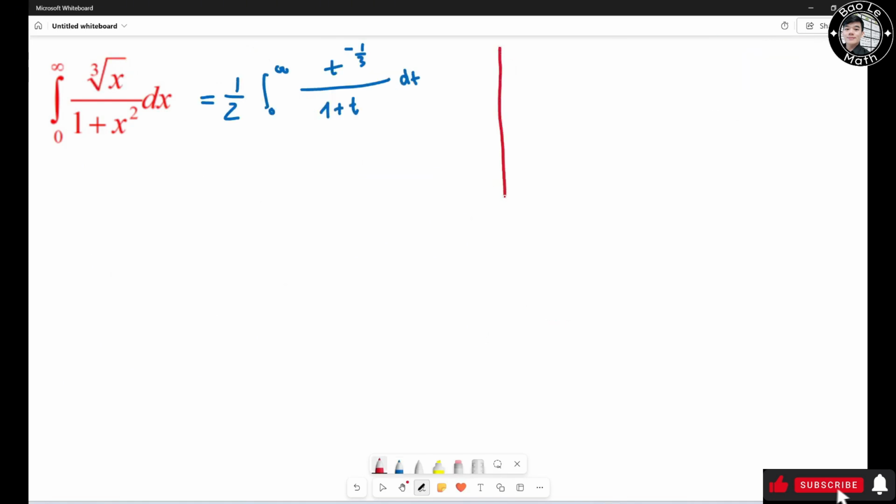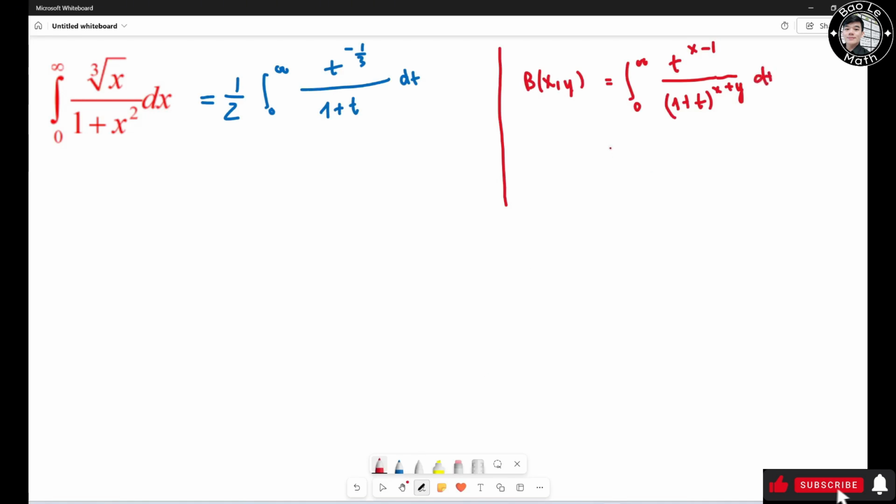Now recall, the beta function has the form over the interval 0 to infinity: B(s, y) equals the integral from 0 to infinity of t^(s-1) over (1 plus t) altogether raised to the s plus y, dt.